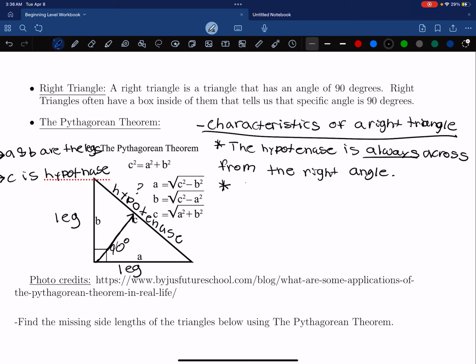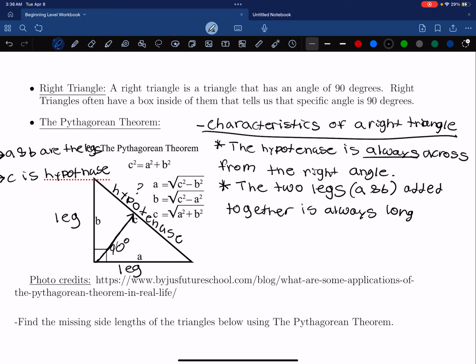And then, according to the Pythagorean Theorem here, with the right triangle, characteristic of it is that the two legs, this leg A and this leg B, the two legs A and B added together is always longer than the hypotenuse.